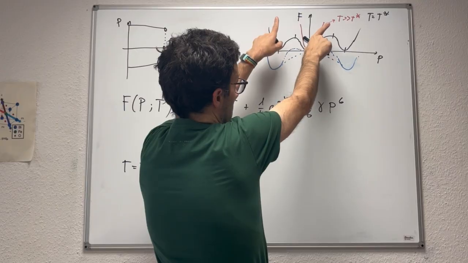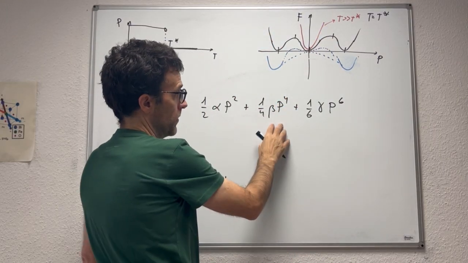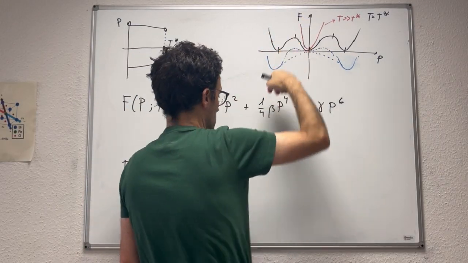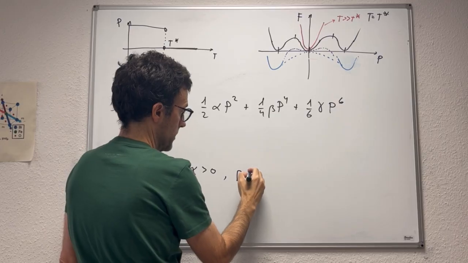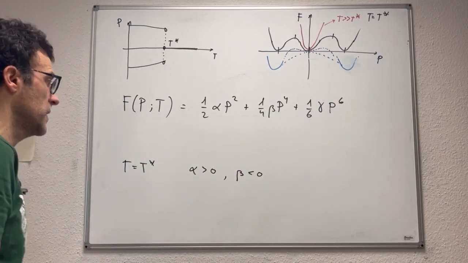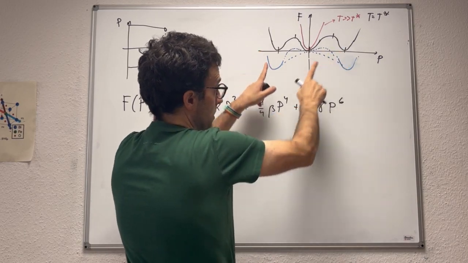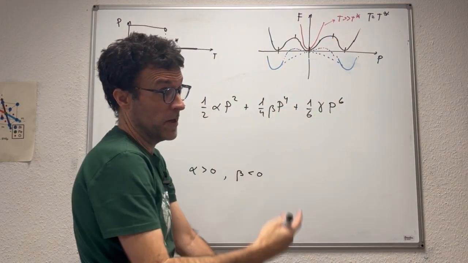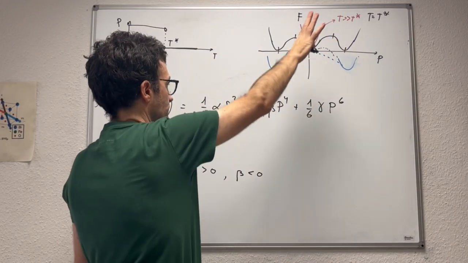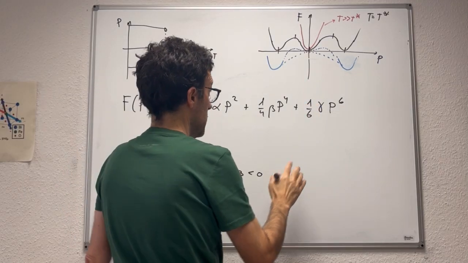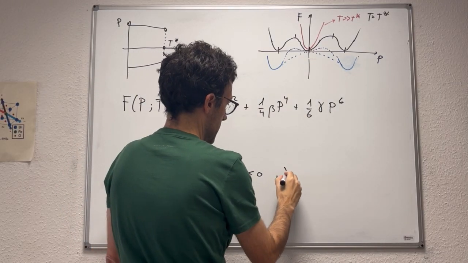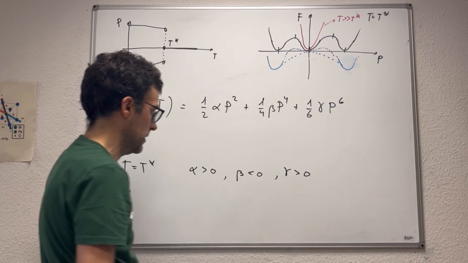Then alpha takes us up in energy, but when the polarization grows, eventually we have to come down. So there has to be a term doing that, and that will be beta, which has to be negative. And finally, to define those minima and for the free energy to be bounded, when we go very big, the free energy has to go up. So gamma positive is what we need.